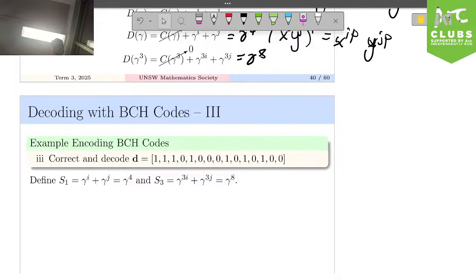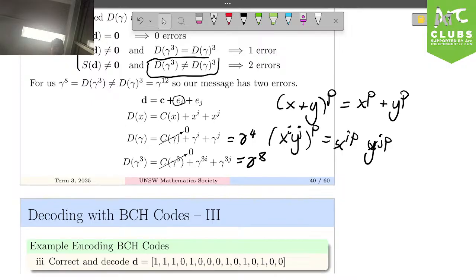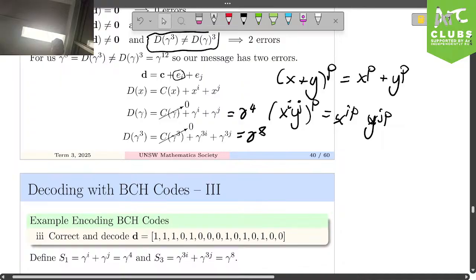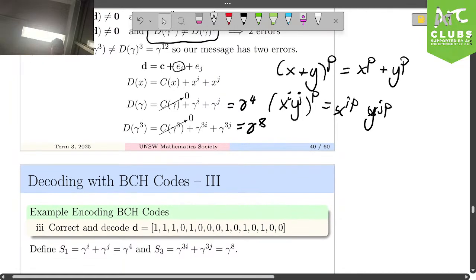Okay, so there's actually something that we can do to make our lives better, so we don't have to check all the i's and all the j's. What we do is we calculate these two terms, S1 and S3.